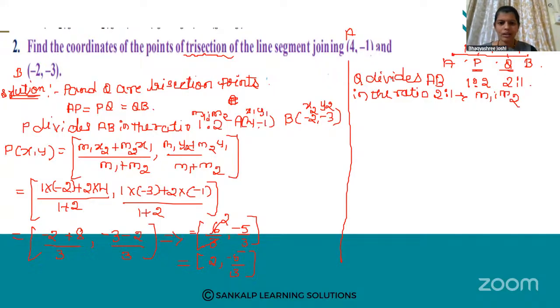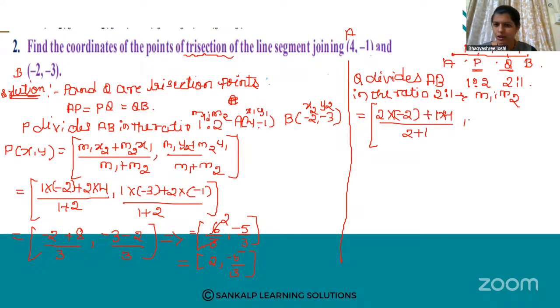So A and B, x1, y1, x2, y2 remain the same. Now we'll apply the section formula. So directly I will write m1 into x2. m1 value is 2 here and x2 value is minus 2, plus m2 into x1. m2 value is 1, x1 value is 4, divided by 2 plus 1.